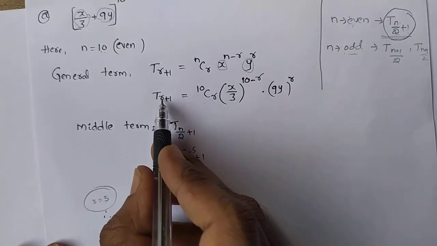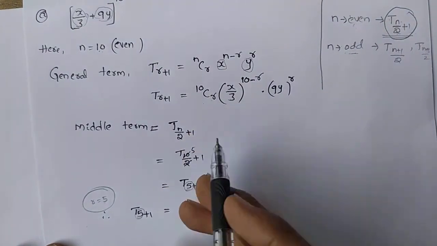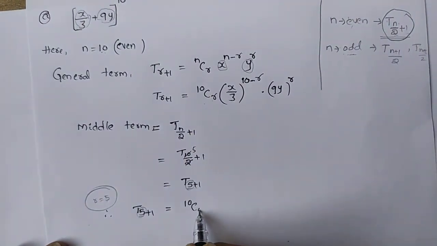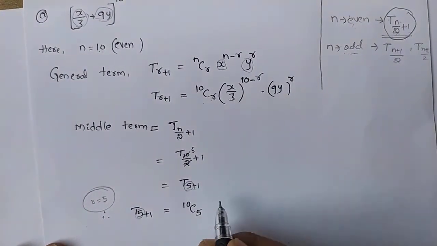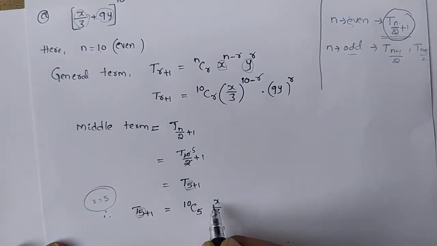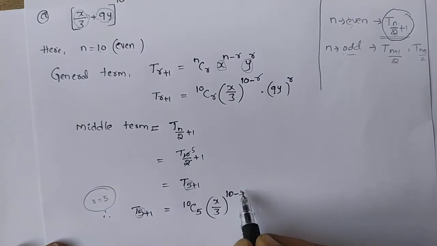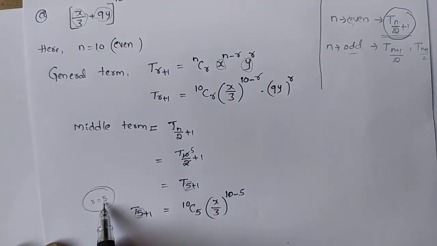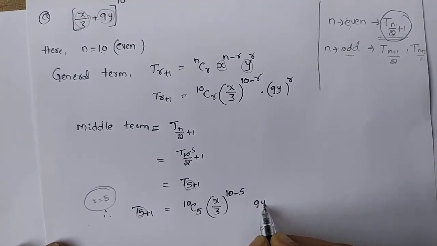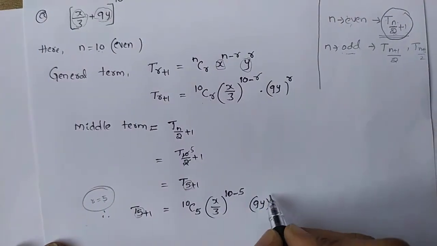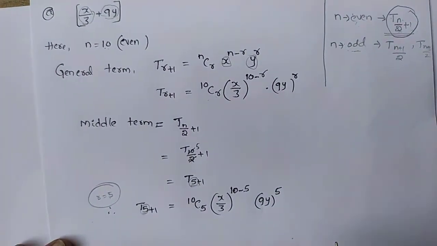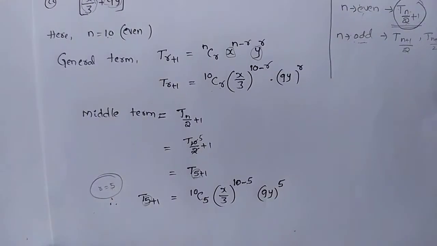So T r plus 1, that is 5 plus 1, 10 C 5, next (x/3) whole power 10 minus r. So 10 minus 5, in place of r I am putting 5, and (9y) whole power 5. Now simplify it.